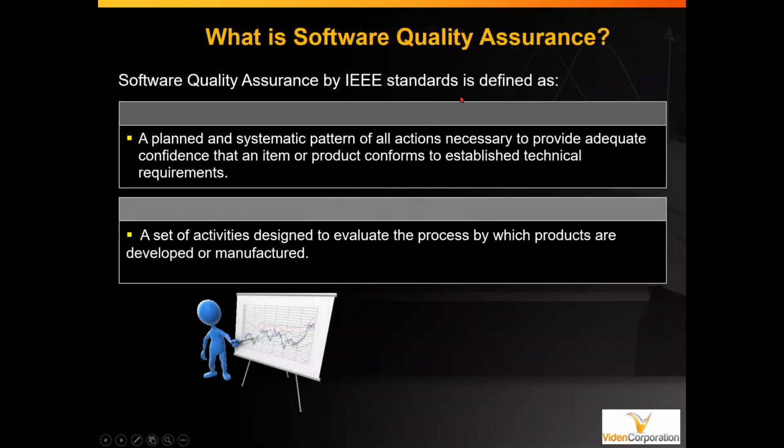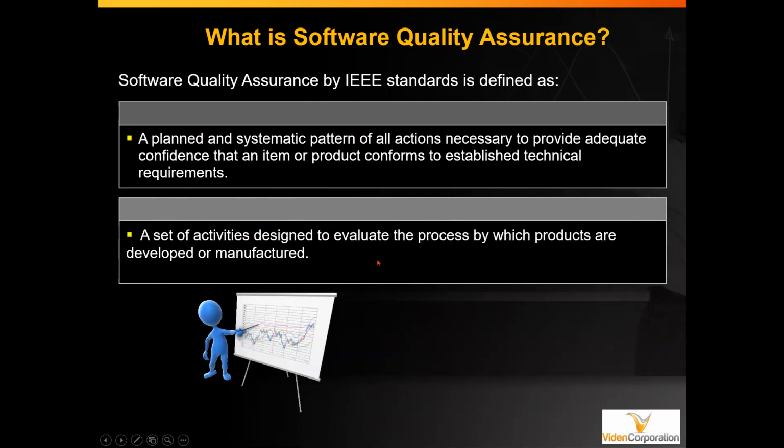Then there's quality assurance by IEEE standards. There are two ways they have defined it. I go for this one because it's easy to remember. Basically, a set of activities designed to evaluate the process by which products are developed or manufactured.